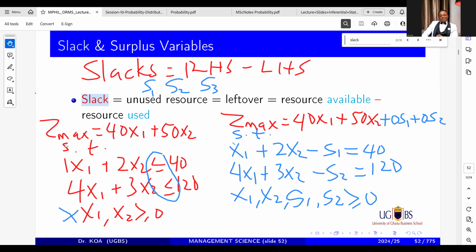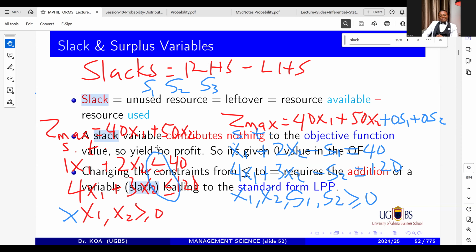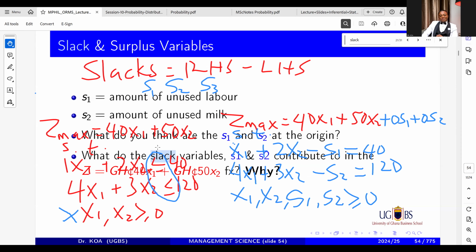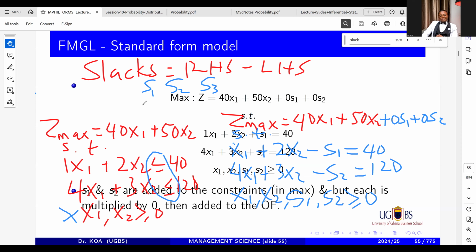Now, the other thing you would also note is that the opposite of the slacks is surpluses. So you may not have the slacks, but you may have the surpluses. That will lead to the same thing that we are discussing. And by the way, the slacks correspond to the lines of the linear programming.